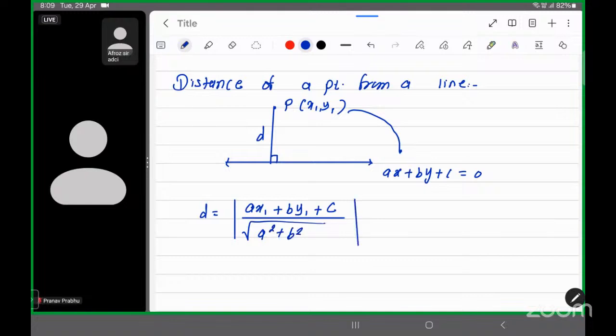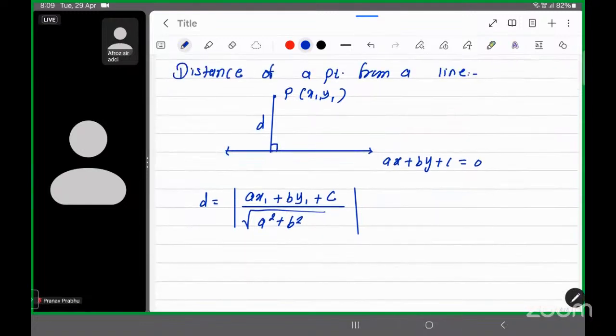Just substitute the point in the line. You will get the distance of a point from a line. For further, this point is called the foot of perpendicular.